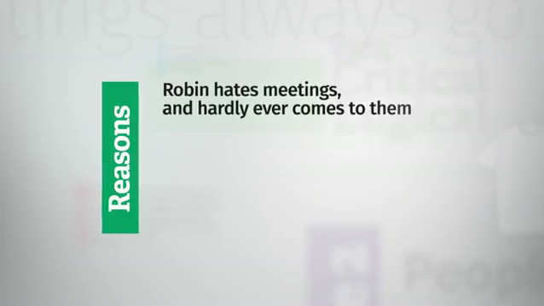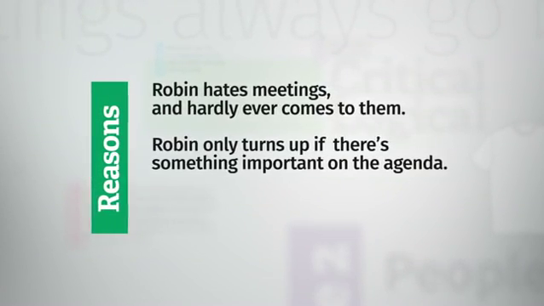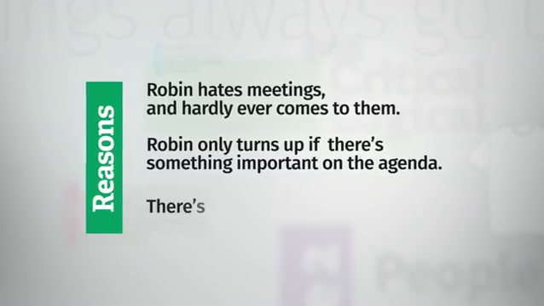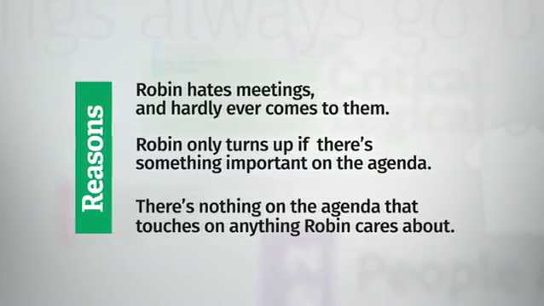Okay, so what about this reason then? Robin hates meetings and hardly ever comes to them. Robin only turns up if there's something important on the agenda. And there's nothing on this afternoon's agenda that touches on anything Robin cares about. Well, I admit that's a better reason. It does provide stronger logical support if we make the following assumptions.